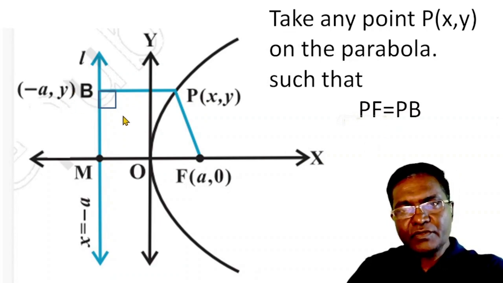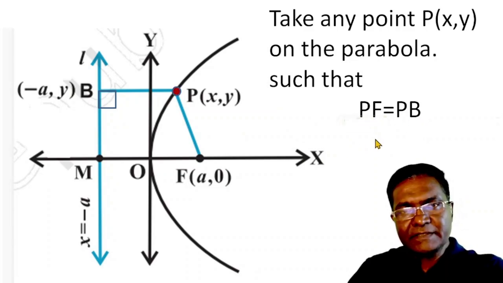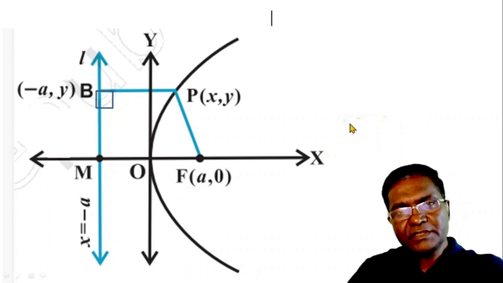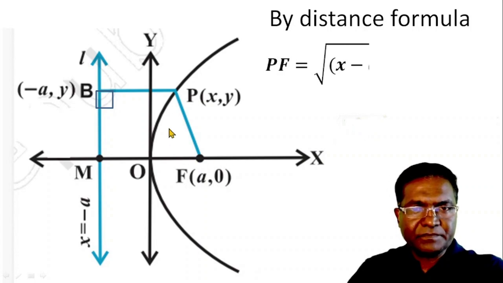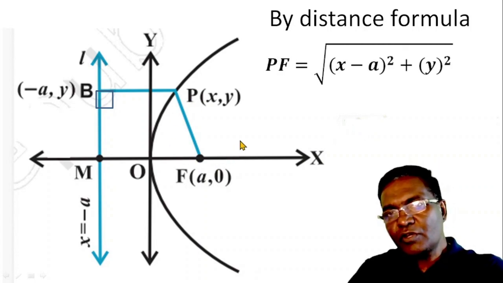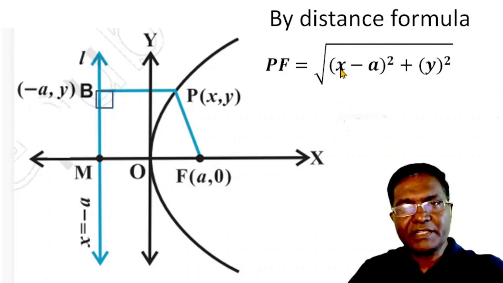So now you need to apply the distance formula for PF and PB. This is the point P. By the distance formula, what is PF? As we all know, the distance formula is the square root of x2 minus x1 whole square plus y2 minus y1 whole square.